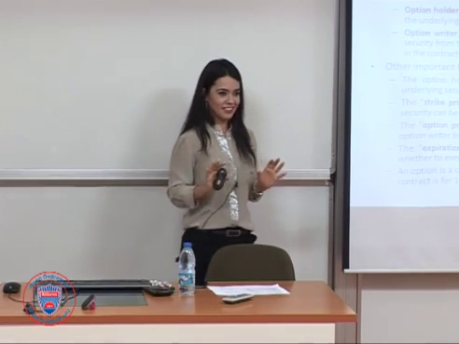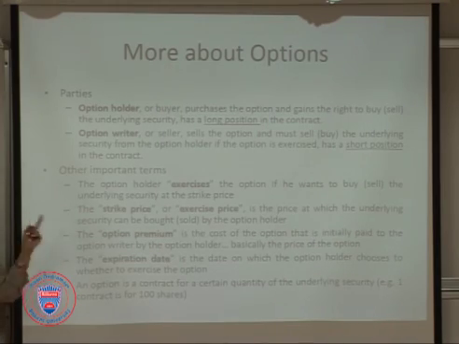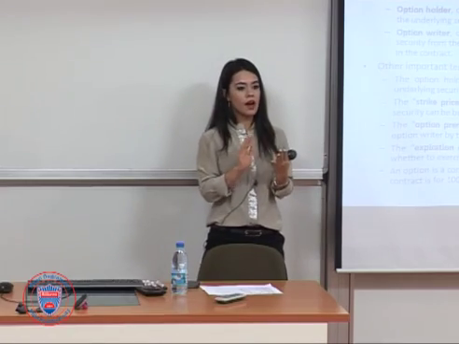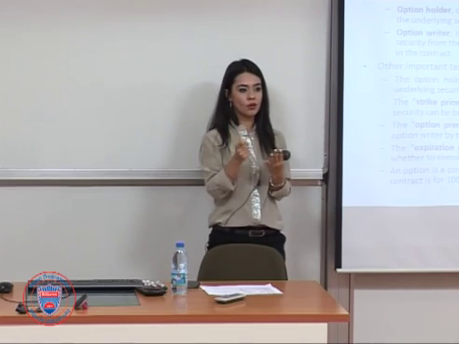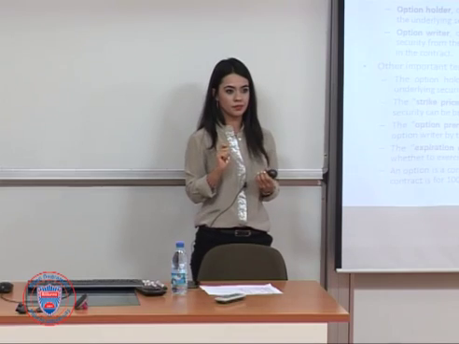More terminology, okay? The option holder, the buyer of the option, can exercise the option if he wants to buy or sell the stock at the predetermined price before the expiration date. The strike price or exercise price is the price that is written on the contract, and it's the price at which the option holder will buy or sell the stock from the option writer.